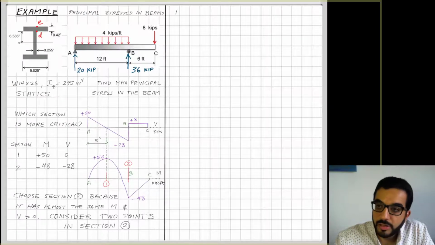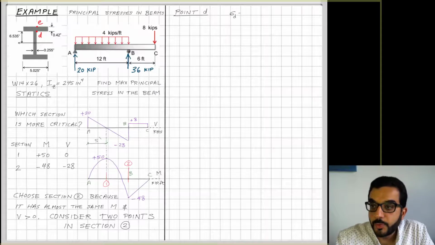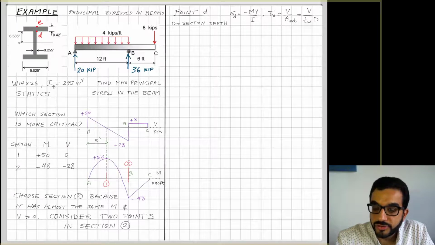So here, I look at point D. There are both normal stress and shear stress developing, and we covered that in the previous video, so we'll not explain it in detail.